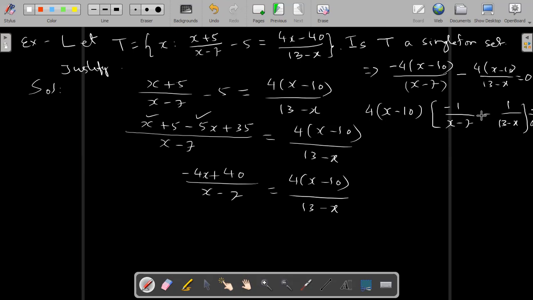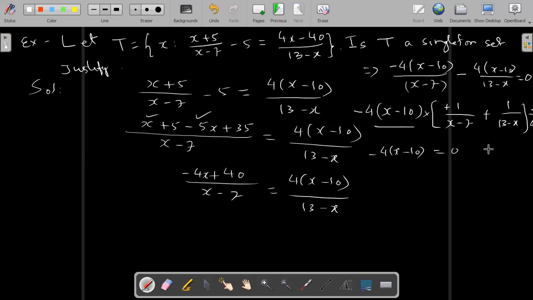And if you take minus common, this will become plus. You can take minus here common, this both will become plus. Okay. And take the LCM, solve it. We get the expression as minus 4 into (x minus 10). This is one of the factors which can be equated to 0. These are the two factors. One factor is this one, another is this one.